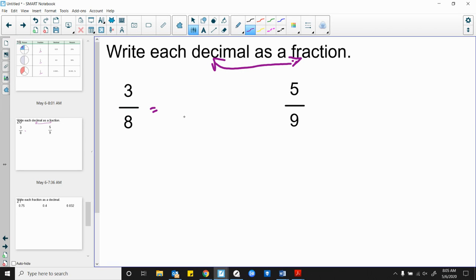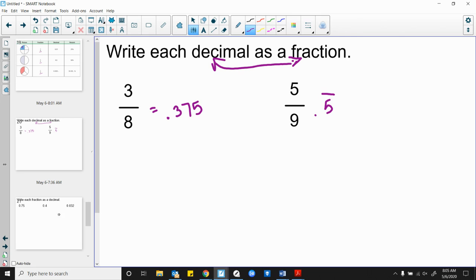When we do 3 divided by 8, we get 0.375. Same thing over here, 5/9. We take 5 divided by 9. We get 0.5, and then we put a line over the top because it's a repeating decimal. So 0.5 repeating. Very simple. Fraction to decimal, take the top divided by the bottom, and we get our answer.